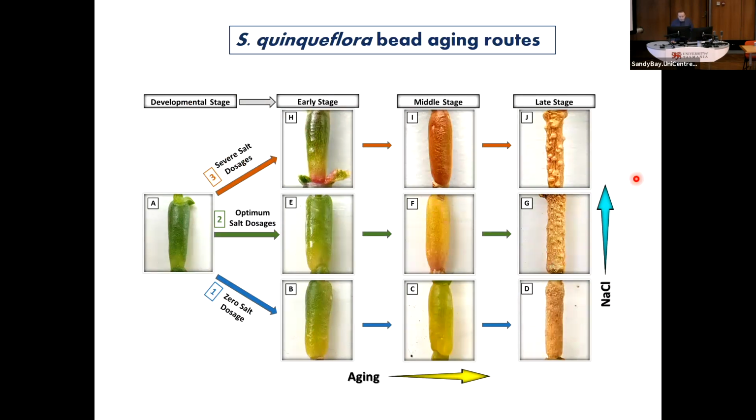Also, you can see here salt crystals protruded, developed only under optimum and severe salt. It means under salt treatment, but it was absent and doesn't develop under 0 salt concentrations.